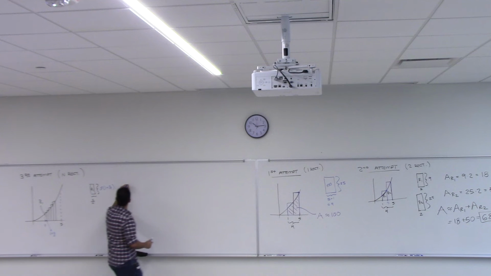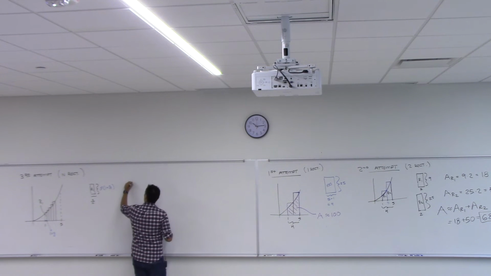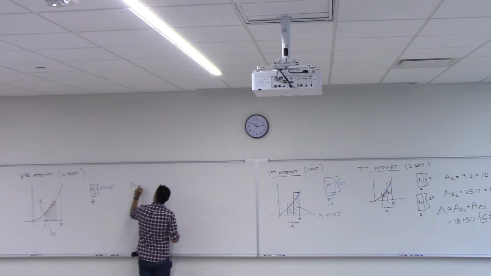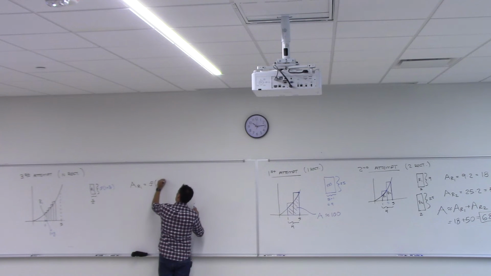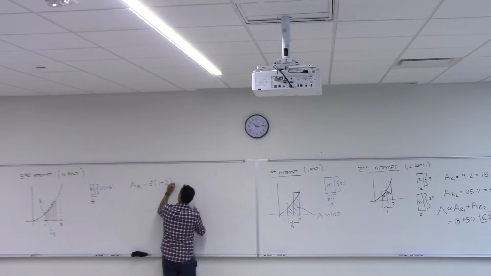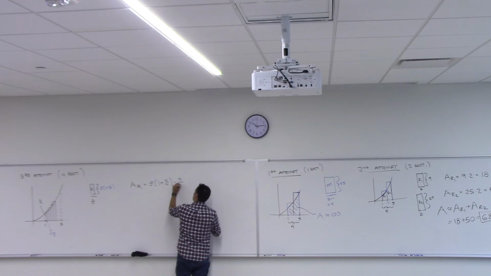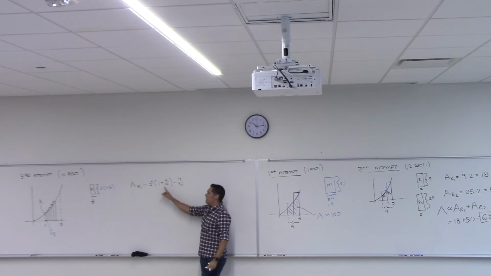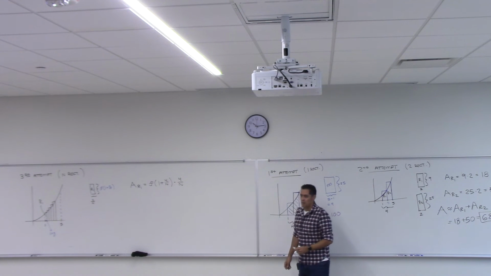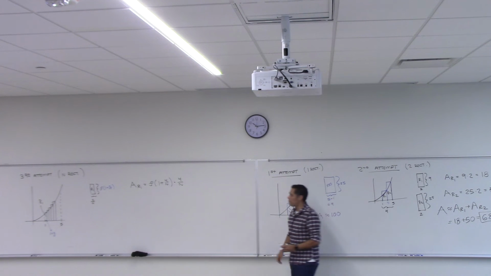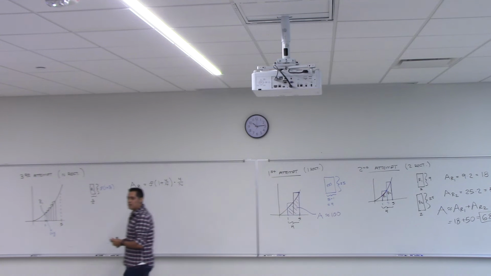So the area of rectangle 1 is the function evaluated at 1 plus 4 over n times 4 over n. That's how tall it is. That's how wide it is. How about rectangle 2?